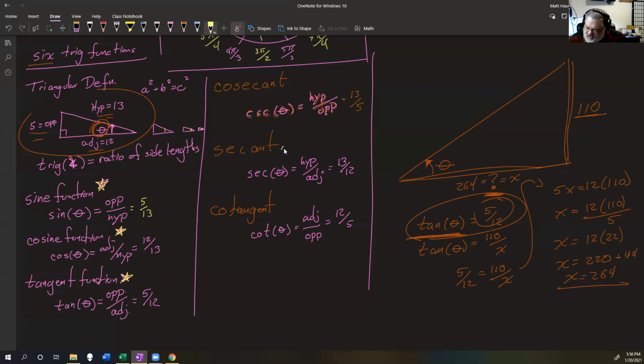Secant comes up enough that it's going to be an important tool. Frankly, cosecant and cotangent, we don't see all that much. If you need a cosecant, you usually don't mess with cosecant. You just mess with sine and then flip it upside down. If you need cotangent, you find tangent and you just flip it upside down. Fair? So primarily we will care about these 3.